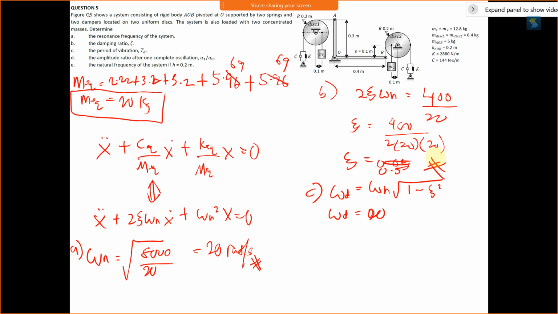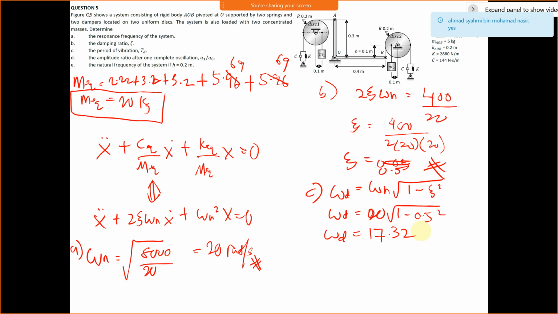Zeta is 0.5, not 0.05. Sorry, 0.5. So what is our omega D? 17.32, isn't it? Correct? So 17.32 radian per second, not second.